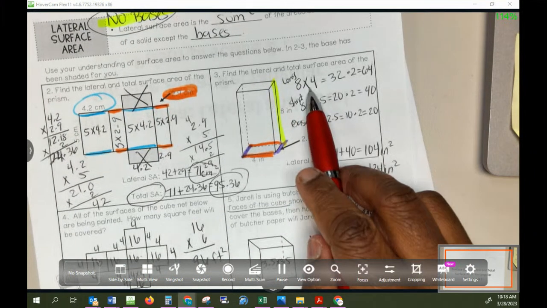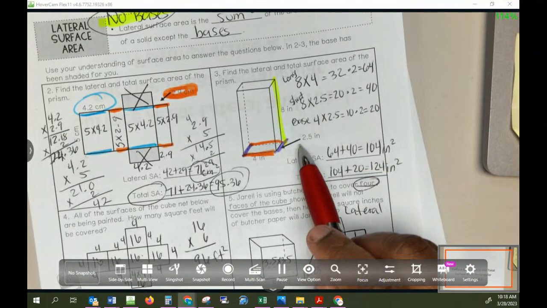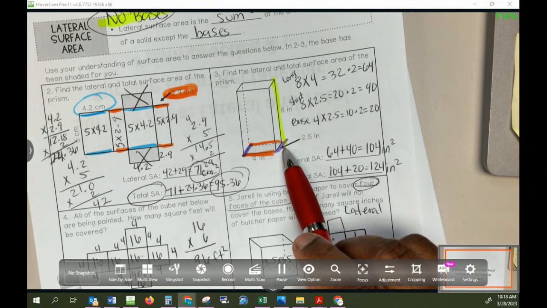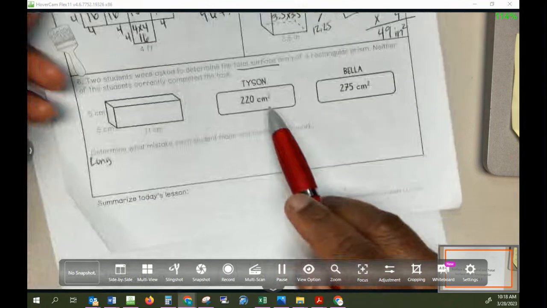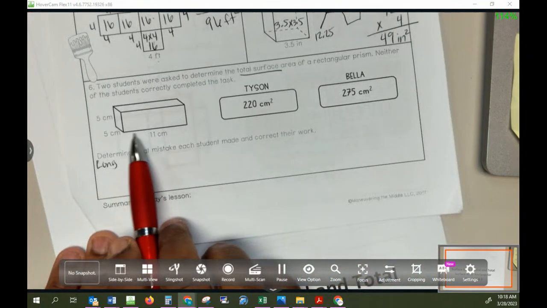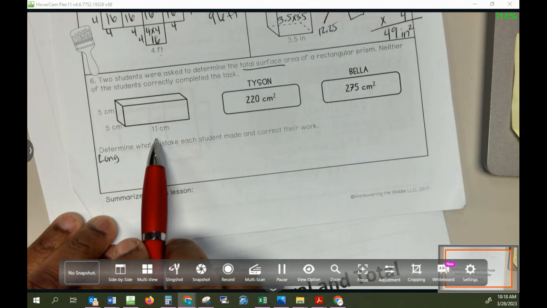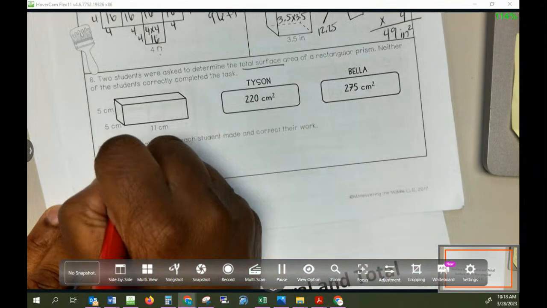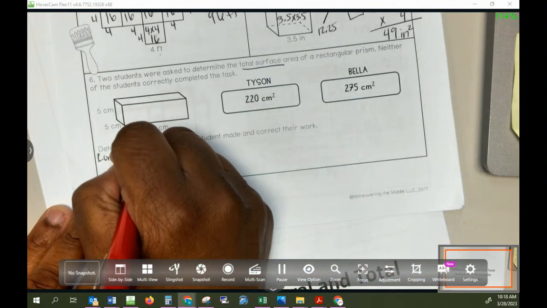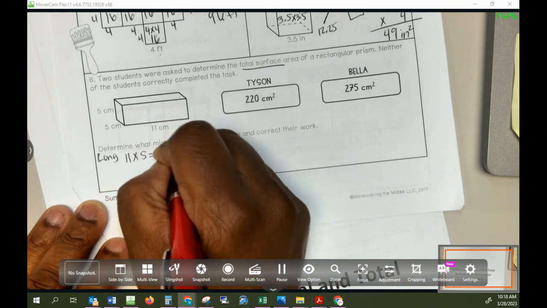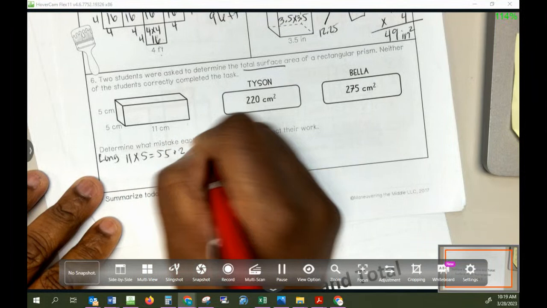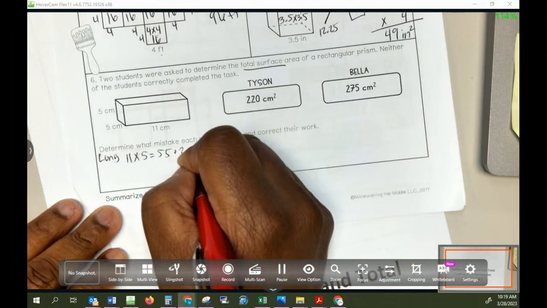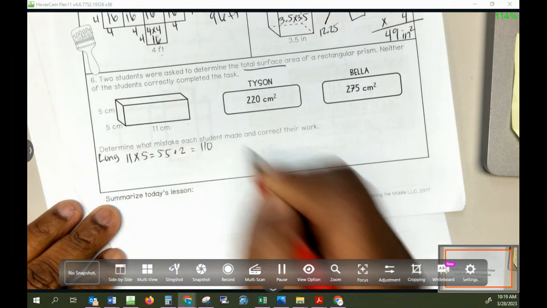We multiplied this long side here by the longer side of the base, right? So if you look here, what are we going to multiply? 11 times 5, and that's 55. And what do I need to multiply that by? By 2. So times 2, and you'll get 110.